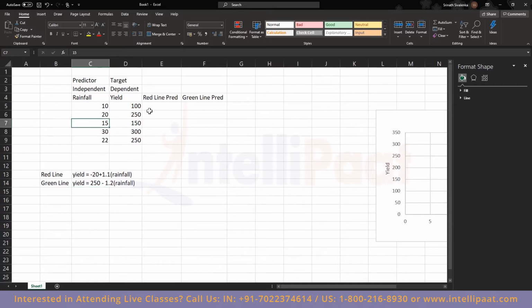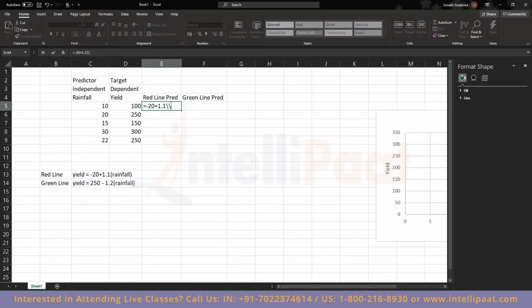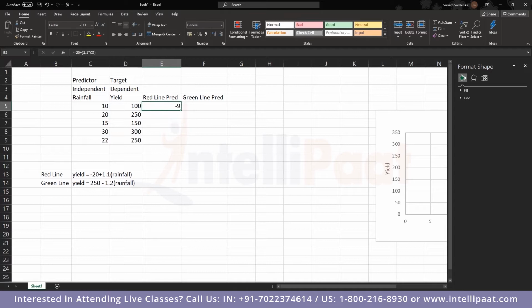Okay, cool. So for the red line, if you go by the prediction, this is going to be minus 20 plus 1.1 multiplied by my rainfall. What is rainfall? Rainfall is this. Let's make the slope a little larger.